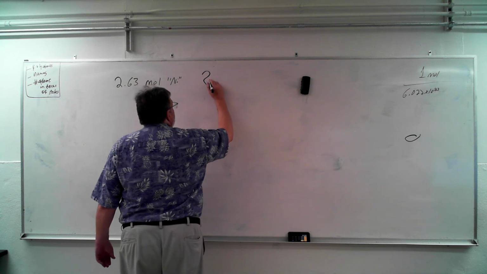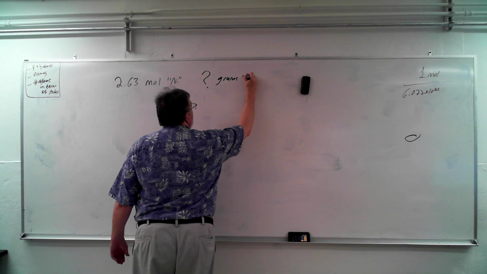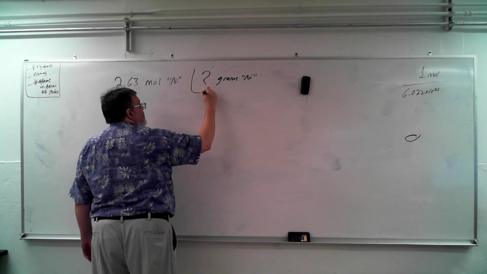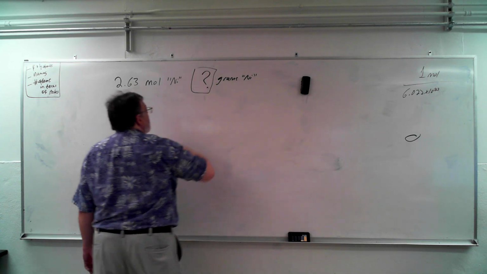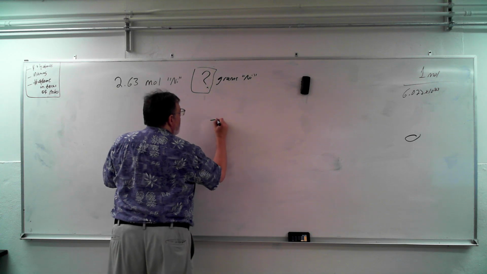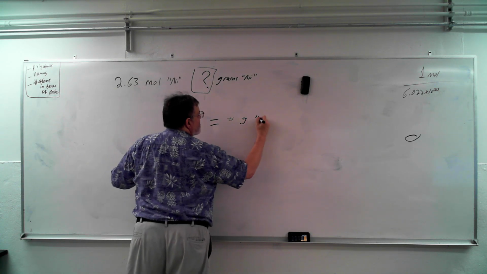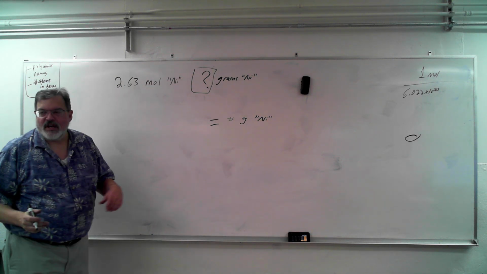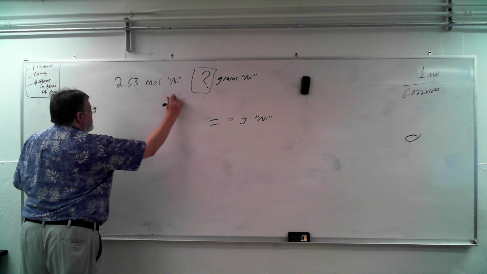The question mark is the numerical value of the grams. So this is your question mark, meaning equal sign, there's going to be some numerical value, grams of nickel. You know that just from the stating of the question. You're given this as an input.